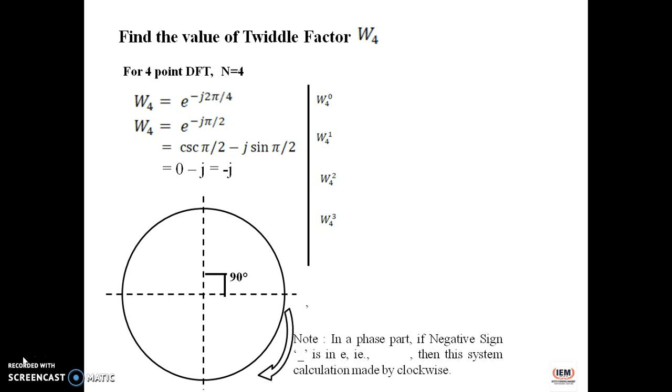Previously we mentioned that the calculation is made in a clockwise manner if the e to the power value has a minus sign. So the capital W04 point is considered on the x-axis as the starting point and the next point is capital W14, and so on.